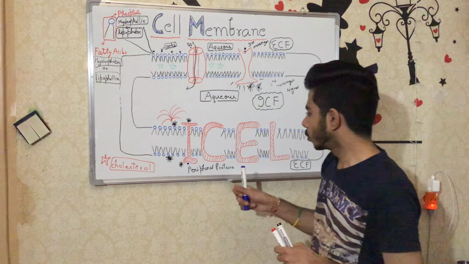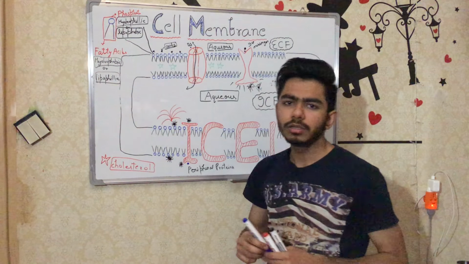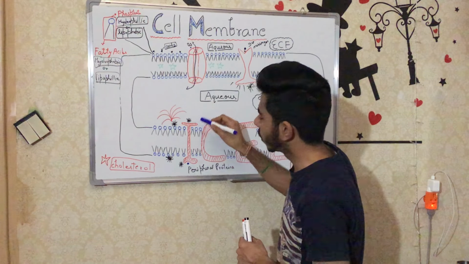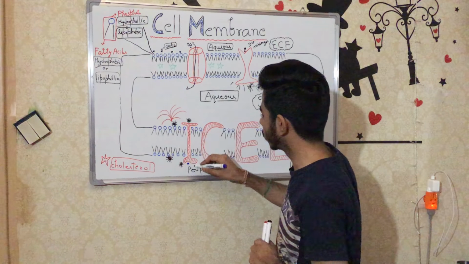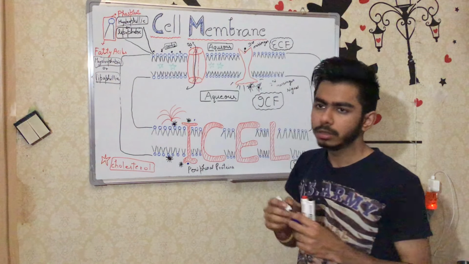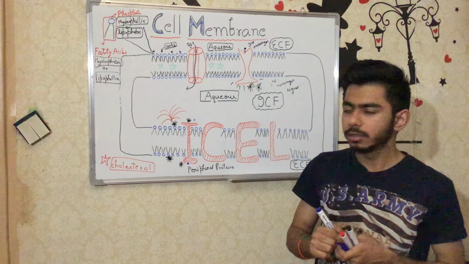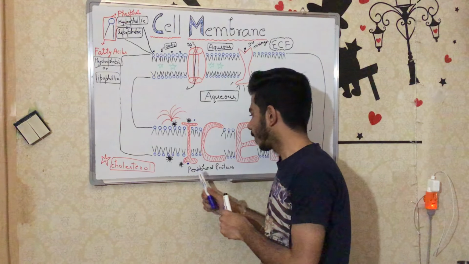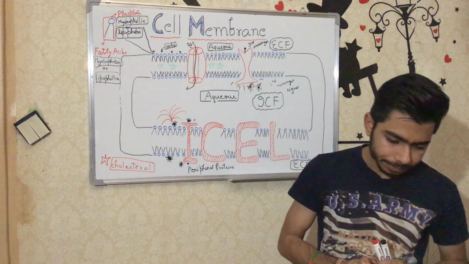So for example, insulin comes over here, binds here, and will generate the signal over here and pass it inside the cell intracellularly. So this is the function of the integral protein.